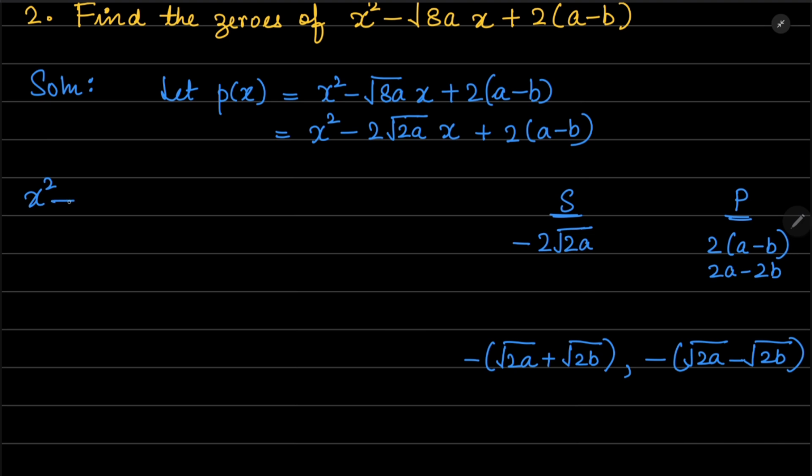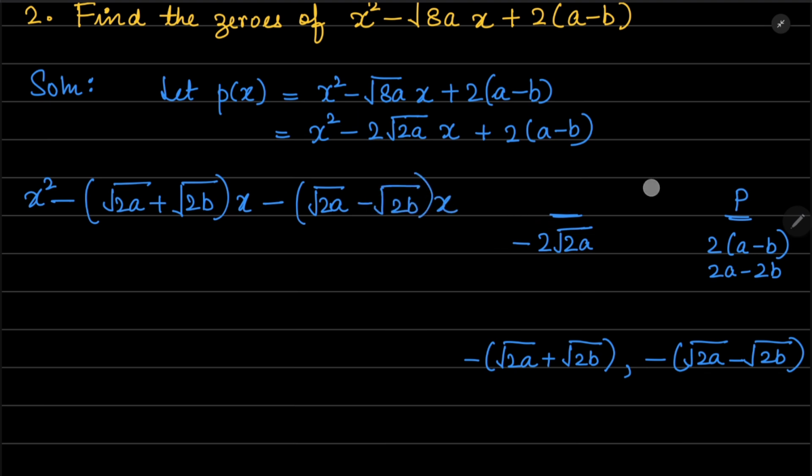So what is it? Minus, I can take common, root 2a plus root 2b, multiplied by x. Again, in the second one, minus of root 2a minus root 2b multiplied by x.